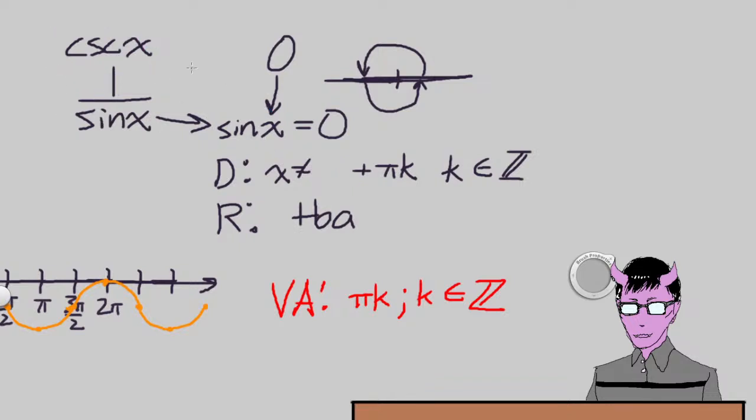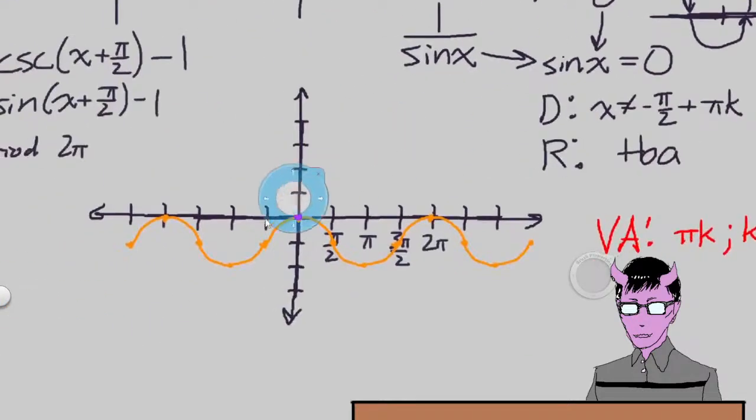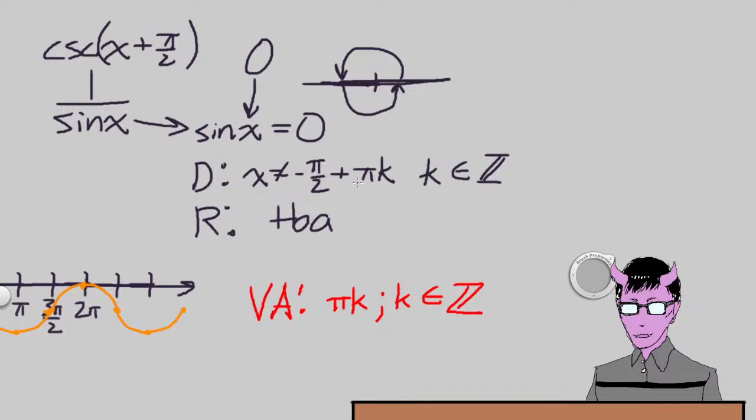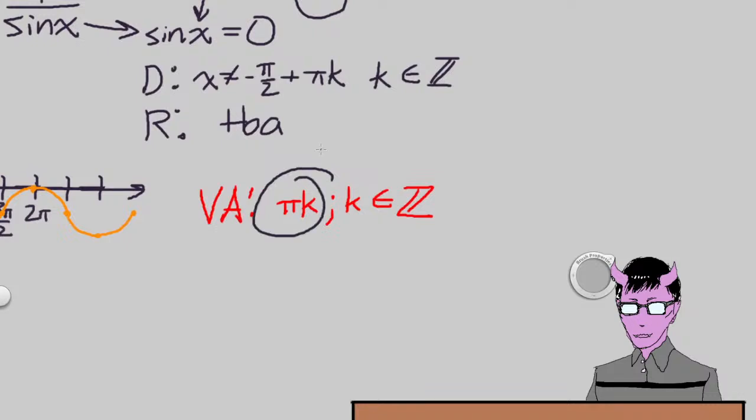But we don't have cosecant of x. We have cosecant of x plus pi over 2. So that's going to be a shift. So the 0 will be negative pi over 2, which is right here. Negative pi over 2. I hope that's going to be clear. So this is going to be the true domain, and then the vertical asymptotes will be this one shifted over with a negative pi over 2.